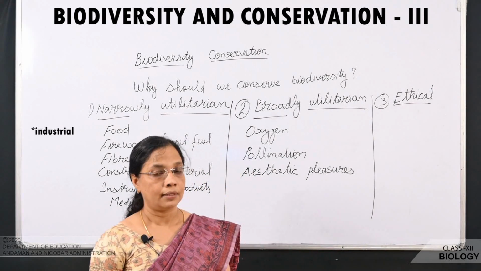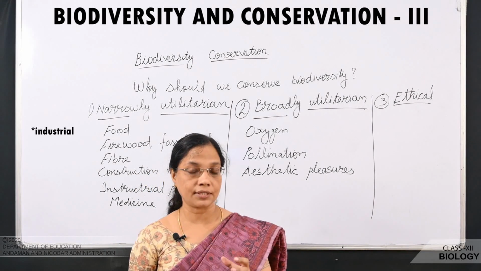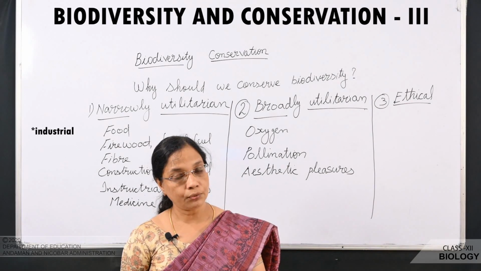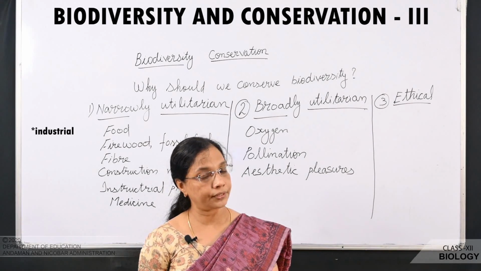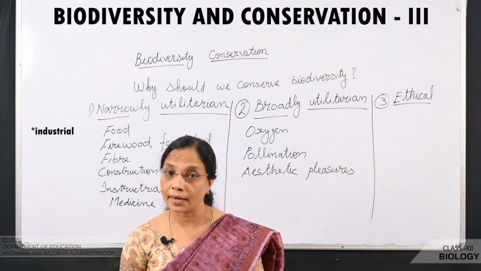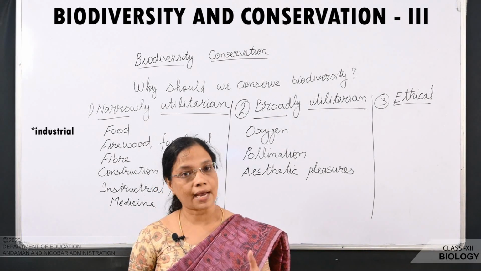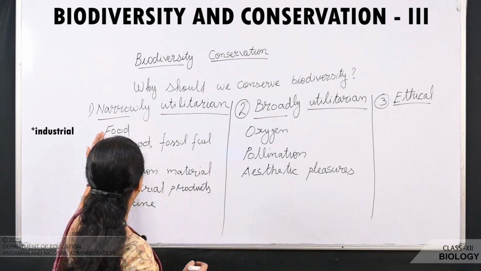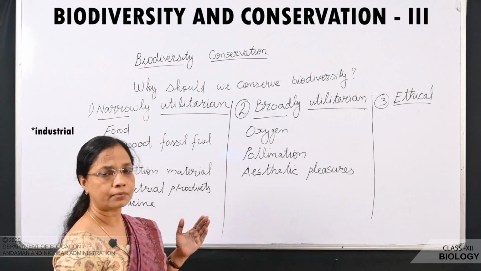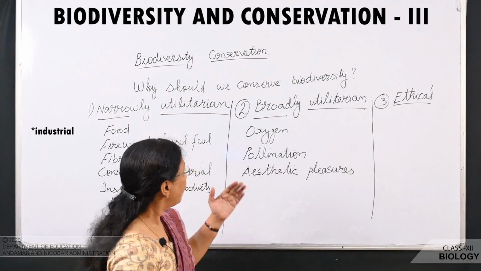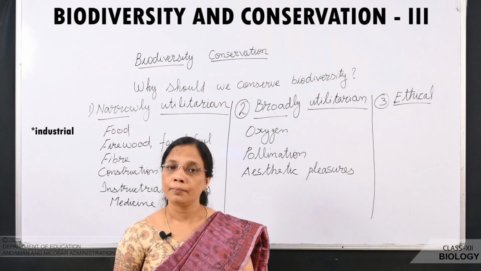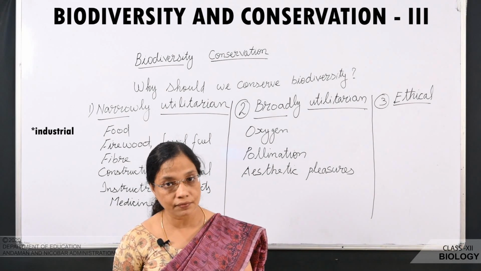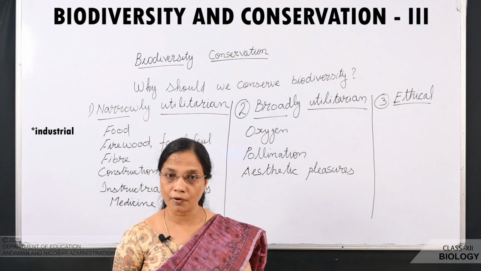So, the reasons for conservation, we have seen, are broadly divided into three. First is narrowly utilitarian. What is narrowly utilitarian? Human beings derive economic benefits directly from the nature in the form of food, firewood, fiber, construction material, etc. Broadly utilitarian: biodiversity plays an important role in ecosystem services that nature provides.